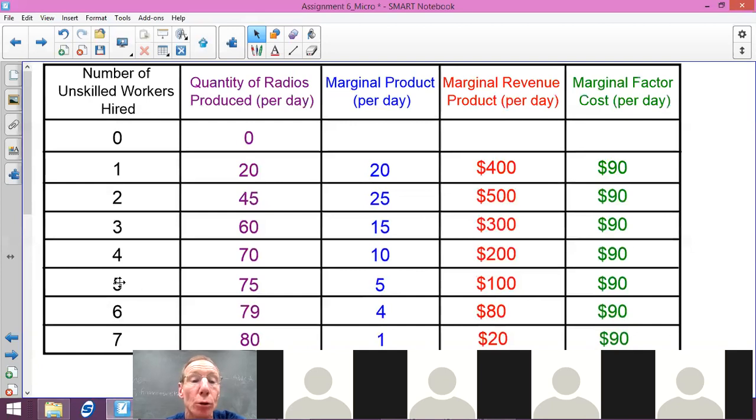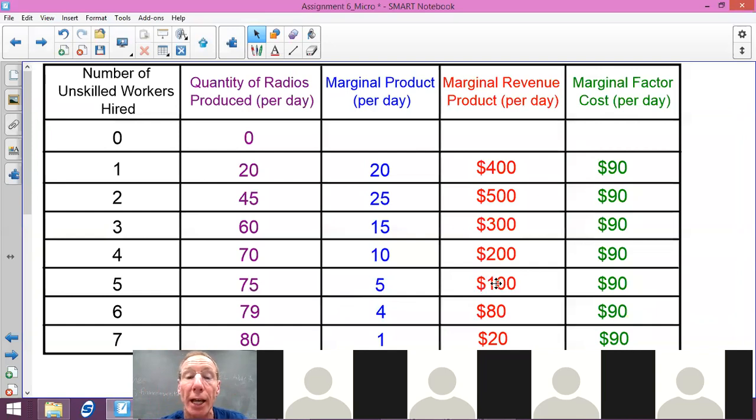We're going to hire up to worker number 5, because worker number 5 was able to produce five radios, not 4, but 5. So because worker 5 could produce 5 more radios, worker 5 could bring in 5 times $20, the price. So it could bring in a marginal revenue to the firm of $100, and we only have to pay the worker $90.